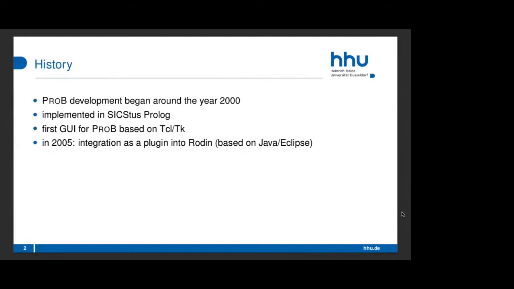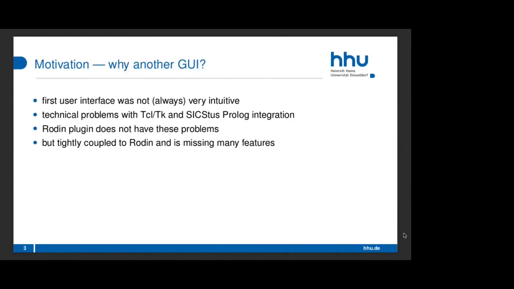In 2005, we also started developing a plugin for Rodin in order to use ProB with Event-B models. This required developing a new separate user interface based on Java and Eclipse in order to integrate ProB natively into Rodin. Now, since we already have two user interfaces for ProB, why are we working on another one?